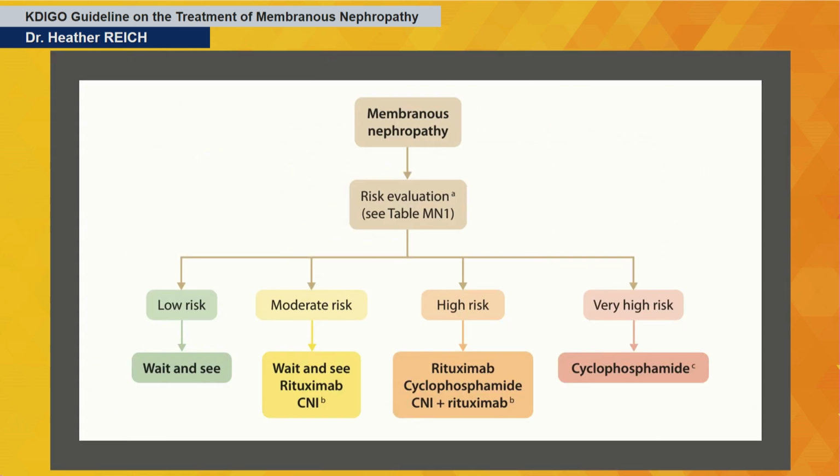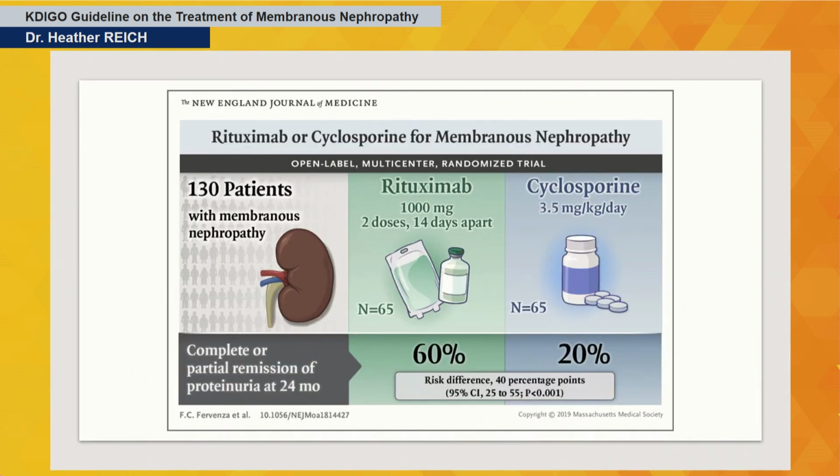In patients with moderate or high risk, the first line of therapy is now rituximab, and very high risk remains cyclophosphamide. This, of course, reflects new data from the MENTOR study, which included 130 patients randomized to treatment with either rituximab or cyclosporin.